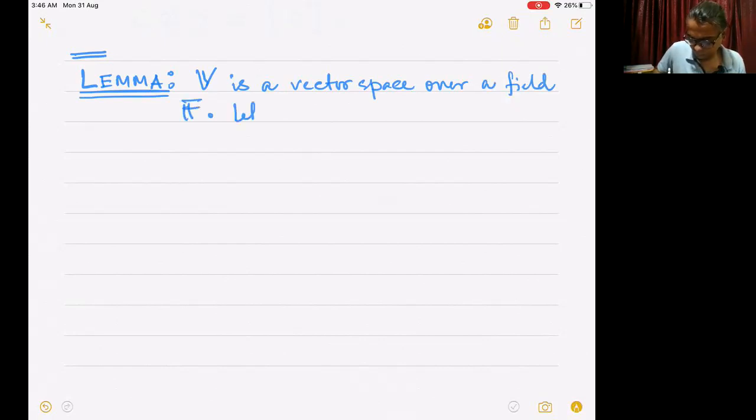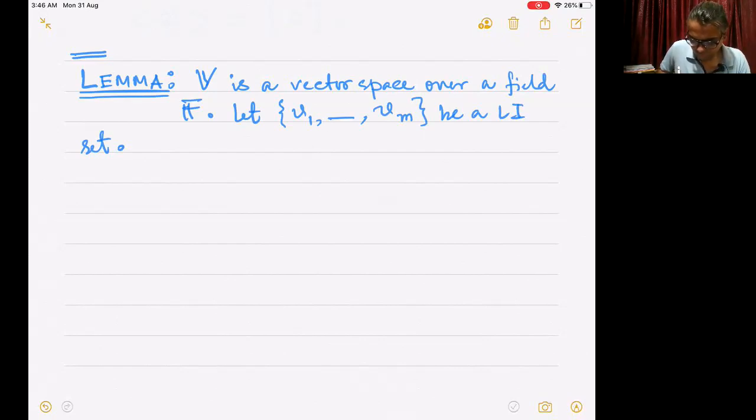Let v1 up to vm be a linearly independent set. That's okay, no? I can have a finite linearly independent set in some big, perhaps infinite dimensional, vector space. This is linearly independent.